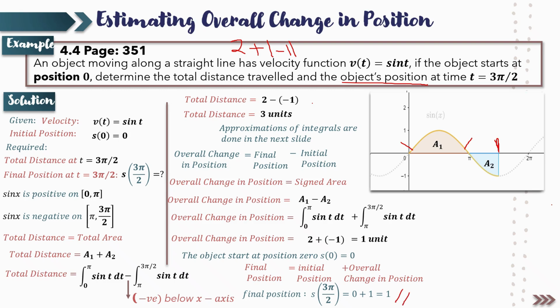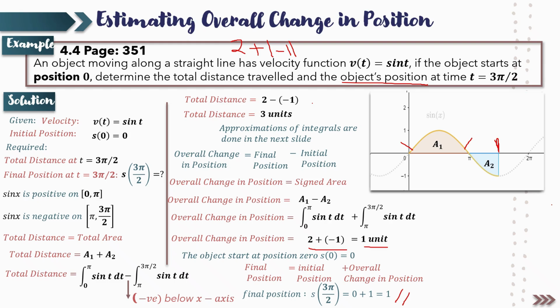Or directly from the calculator, you can take 0 to 3 pi by 2. Since it is the signed area, you get 2 plus of minus 1. It's not absolute value. It's just the normal numbers. You calculate the sum, that means it is 1 unit.